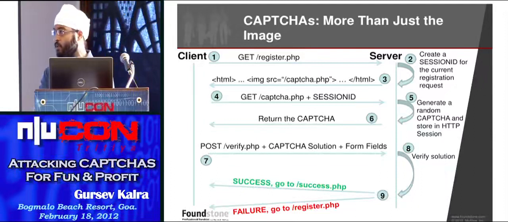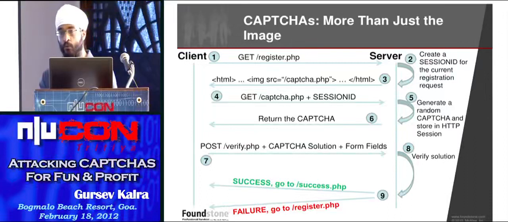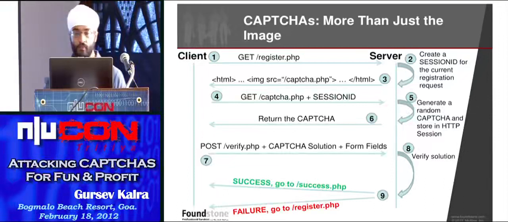As I said, one of my scopes was to look at the register pages, and I'm taking you through this because I'll be referring to this slide a couple of times in the presentation, and this will give you an overview of how CAPTCHAs are really born and how they die towards the end of the cycle. And it's important to understand this before we get deeper into the various attacks that we're going to discuss.